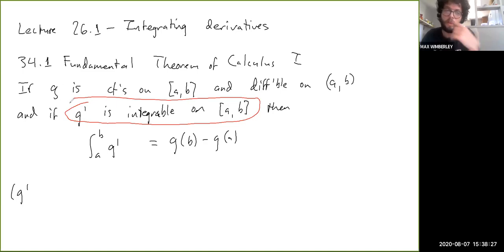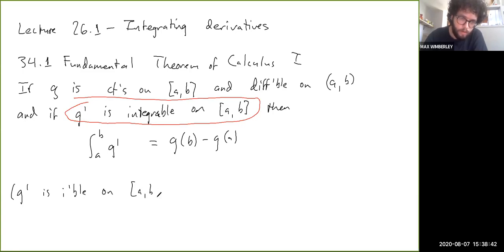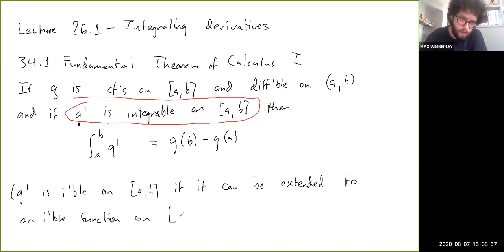Once you get G prime, if you extend it to the closed interval [A, B] in any way, and you end up with an integrable function after that, then G prime is integrable on [A, B] if it can be extended to an integrable function on [A, B]. Because if you extend it and you end up with an integrable function, then the integral of that function won't depend on how you extended it in the first place.